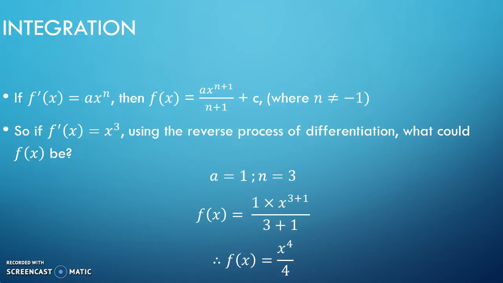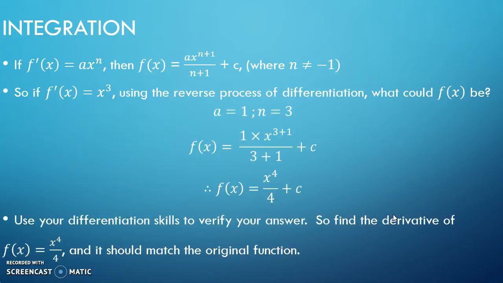We can always check our answer with the differentiation by doing the reverse process. So by finding the derivative of that function, we should end up with x cubed. Just like that. And like I said, use your differentiation skills to verify your answer.